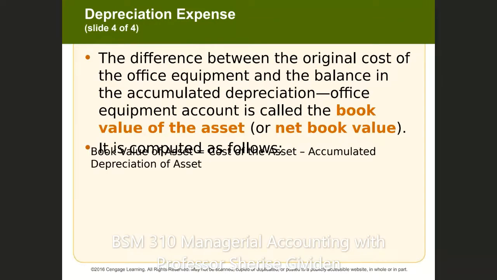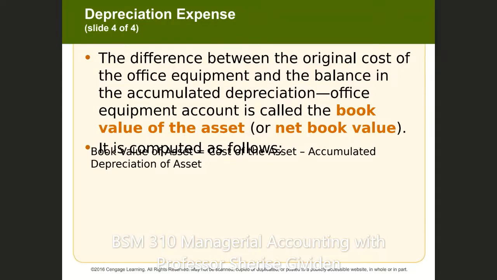So the difference between the original cost of the office equipment and the balance in the accumulated depreciation office equipment account is called the book value of the asset or net book value. Looking at the equation, to get the book value of the asset, you take the cost of the asset minus the accumulated depreciation of the asset, and that gives you the book value.